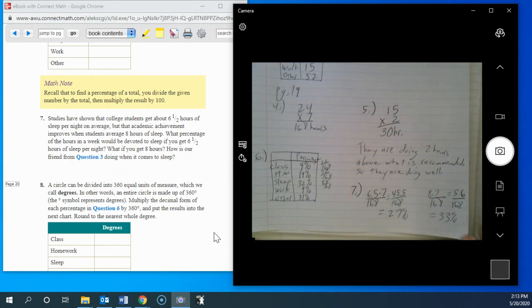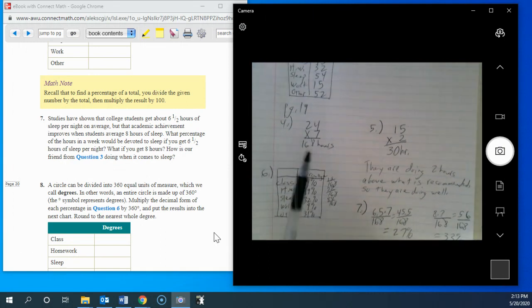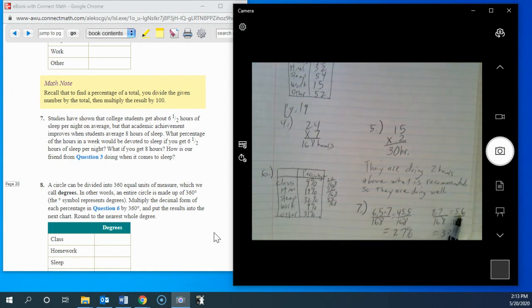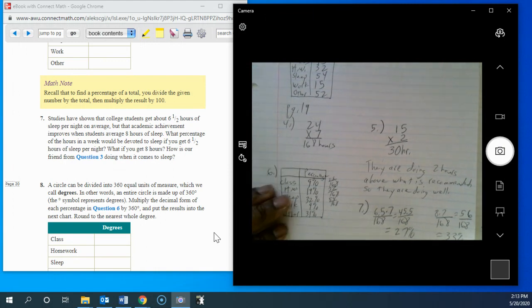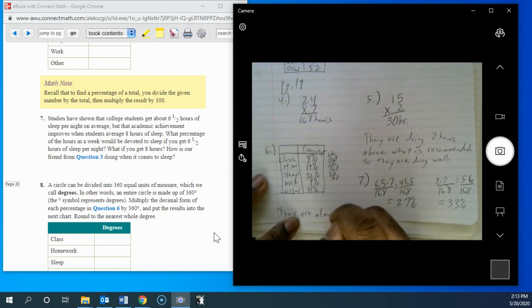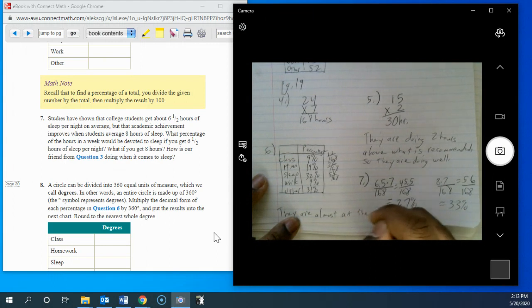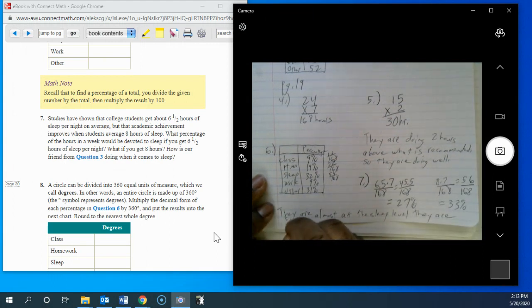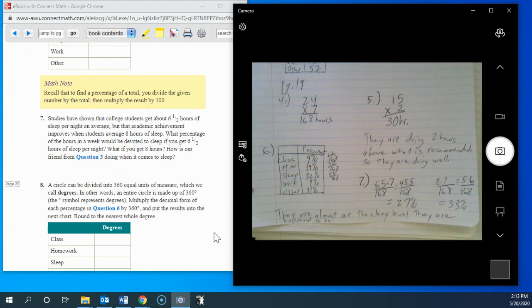Or we could go back up to the third chart and see that they do 54 hours of sleep per week, whereas the 8-hour person does 56 hours per week. So we could put that they are almost at the sleep level that they're supposed to be.